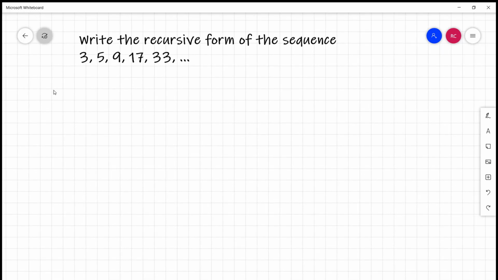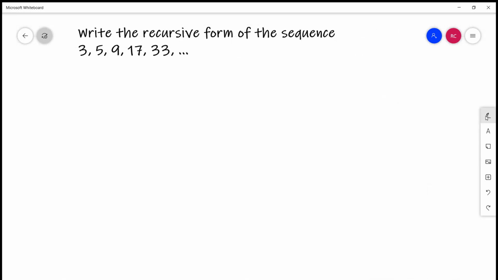So let us try to find the second term. So the second term is something to do with the first term. So ano yung first term natin? 3.